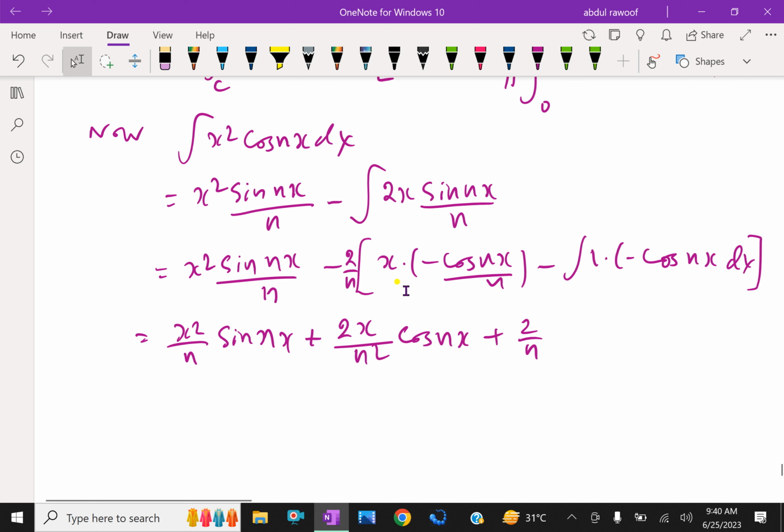So the total is minus here, minus here, minus here, minus, so here it comes minus, integral of cos nx is sin nx over n.